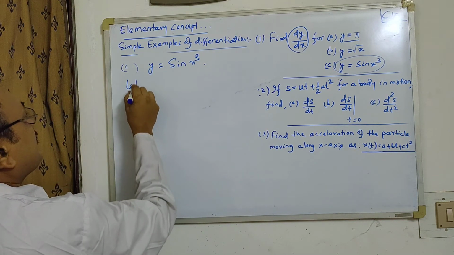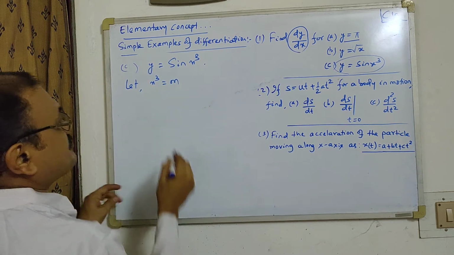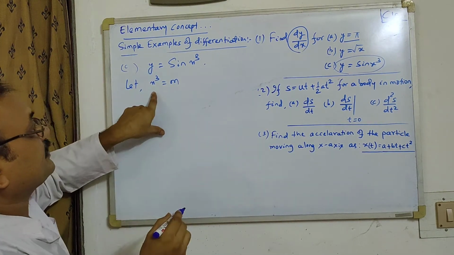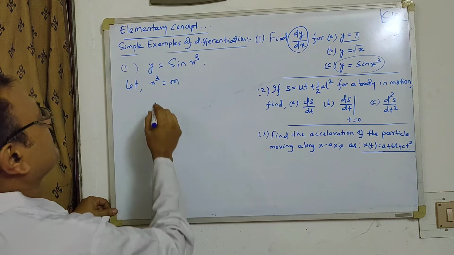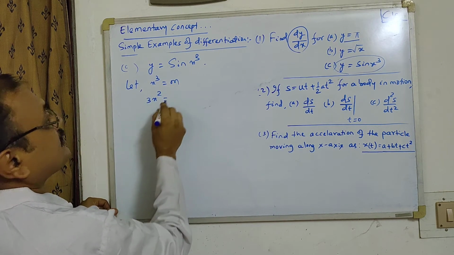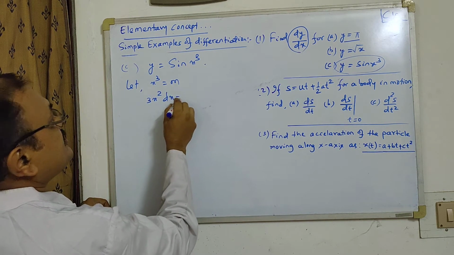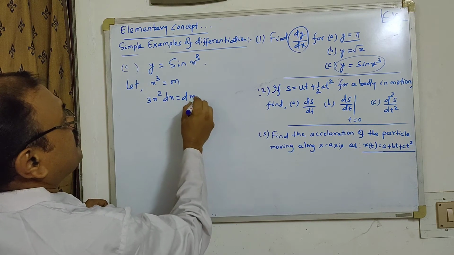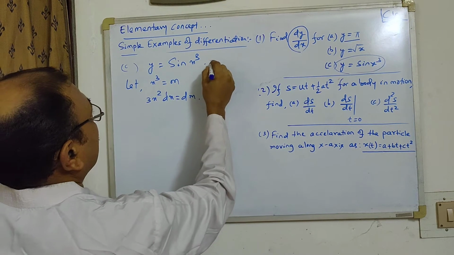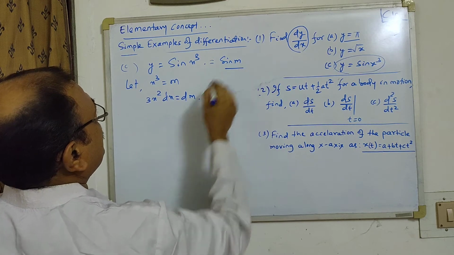We can let x cube be equal to m, another function. So we have taken x cube as another parameter m. Therefore 3x square dx is equal to dm. So we can substitute, and in place of this I can write it as sine m.